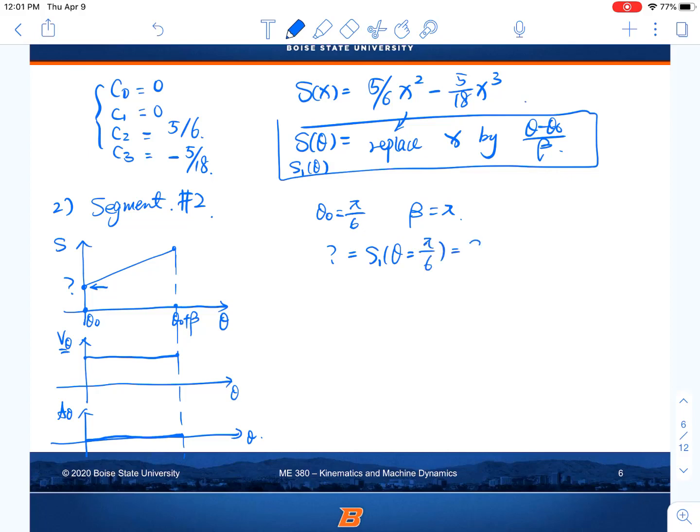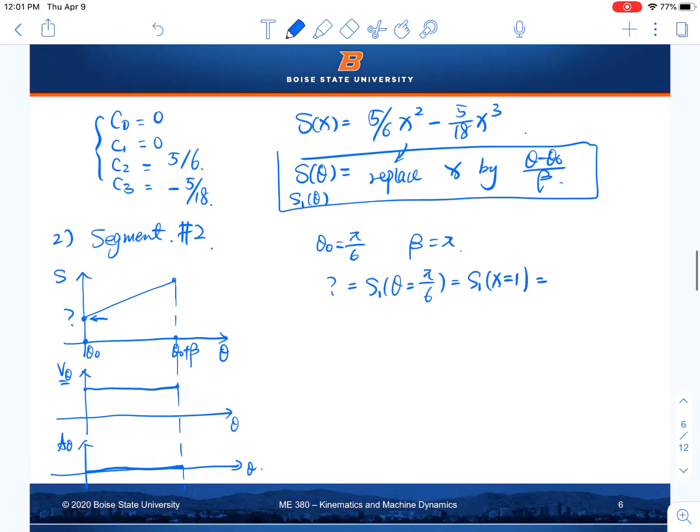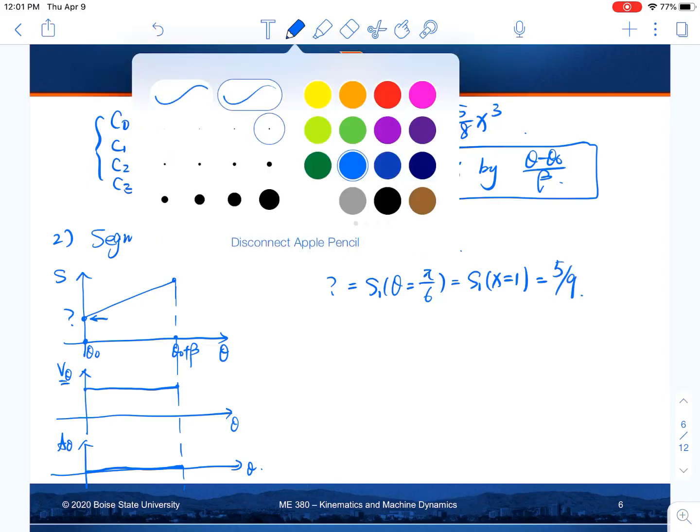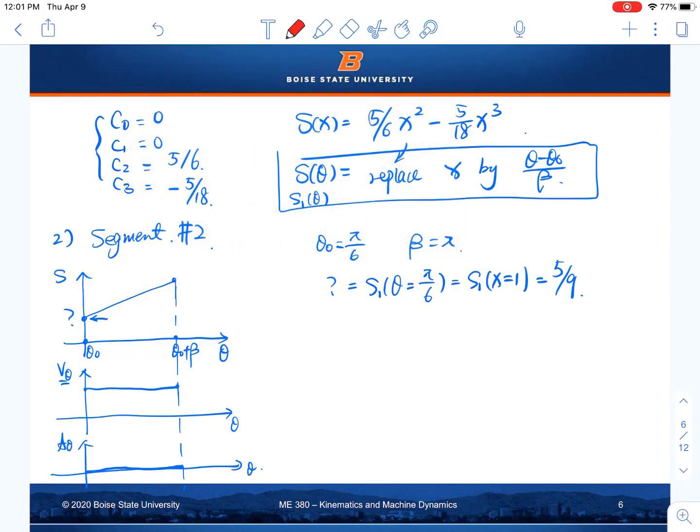Or if you want, you can write it as S1 x equal to 1. If you plug 1 back in, you would note that this displacement is about 5/9. Because we can move things around freely in S domain, it's 9/5 for this point.